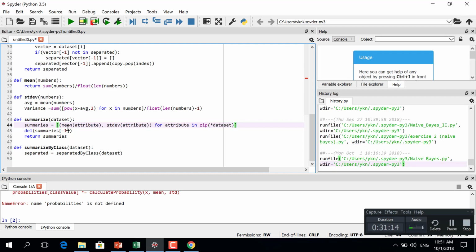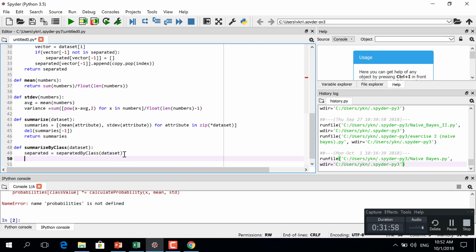For instance, here the mean of the attribute is only a single value, or the standard deviation. But here data set is a set of data that has so many values, so you do not expect that NumPy will produce exact, certain values of data. You just put it here with parentheses, meaning I will use this class, separated by class, according to variables of data set, regardless of whether it is data number 1, number 2, or number 3, but it is within the group of data set.